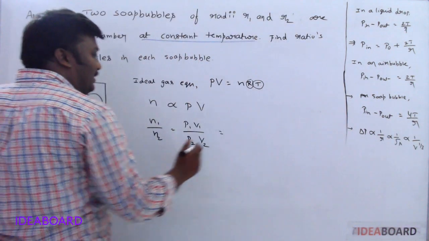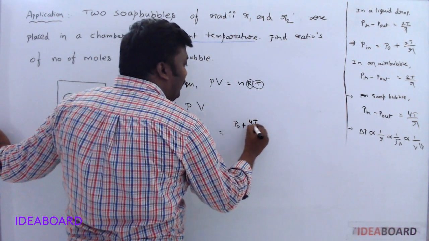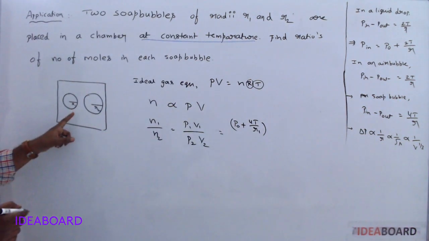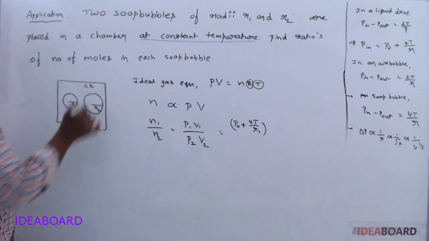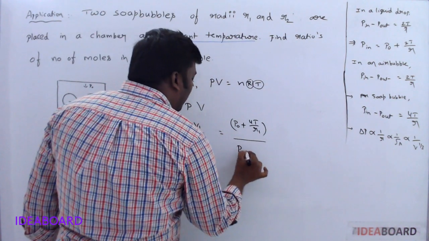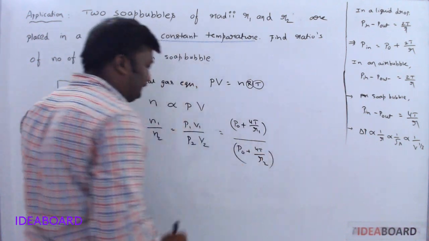So it is P naught plus 4T by R1, because the first soap bubble has a radius of R1 and atmospheric pressure is always there, divided by P naught plus 4T by R2.